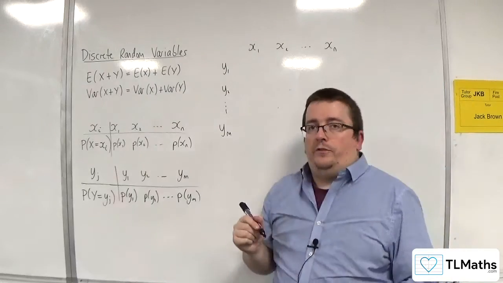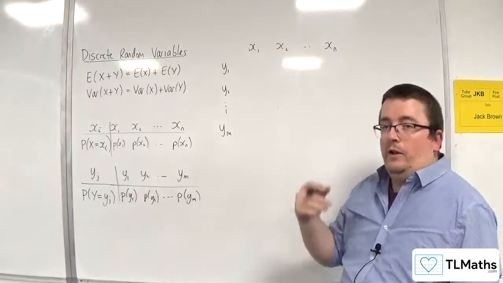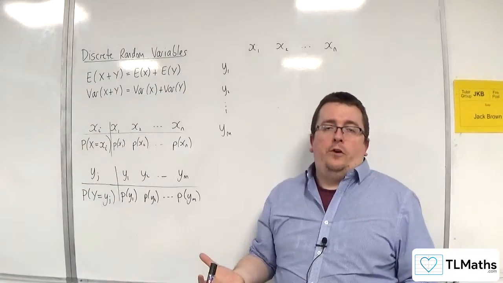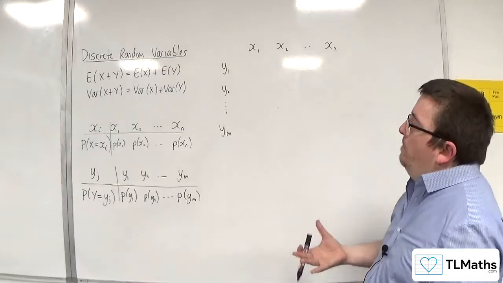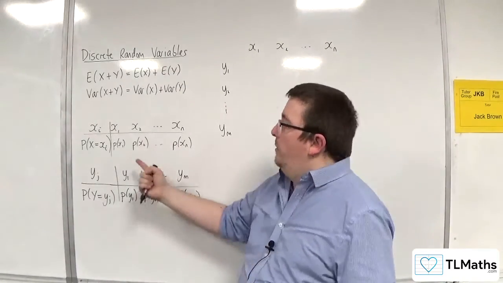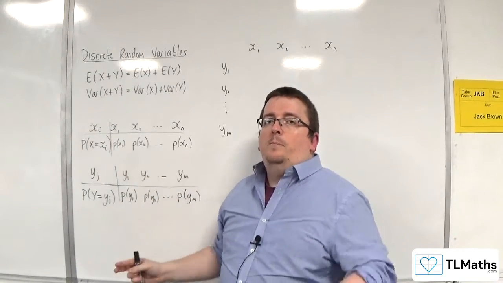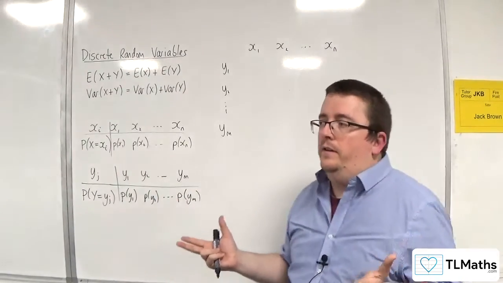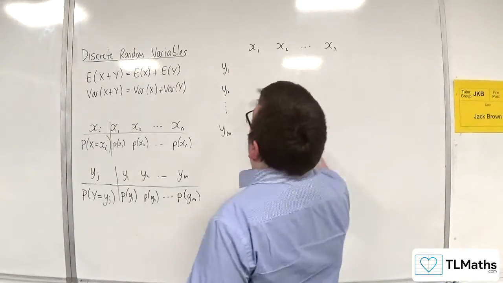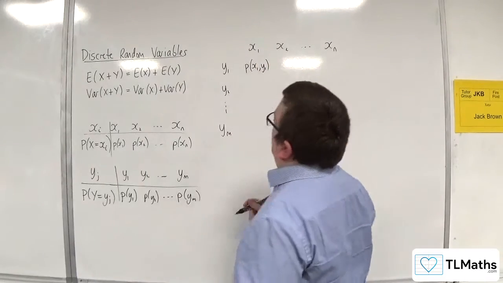Okay, so in my table, rather than showing just x1 plus y1, I'm going to populate it with the probabilities of those occurring. So now, if they were independent, then the probability of getting x1 and y1 would be p of x1 times p of y1. Okay? But we don't have to have them as independent. It could be that they're not independent. Either way, there is some probability of getting x1 and y1. And I'll write it like that.